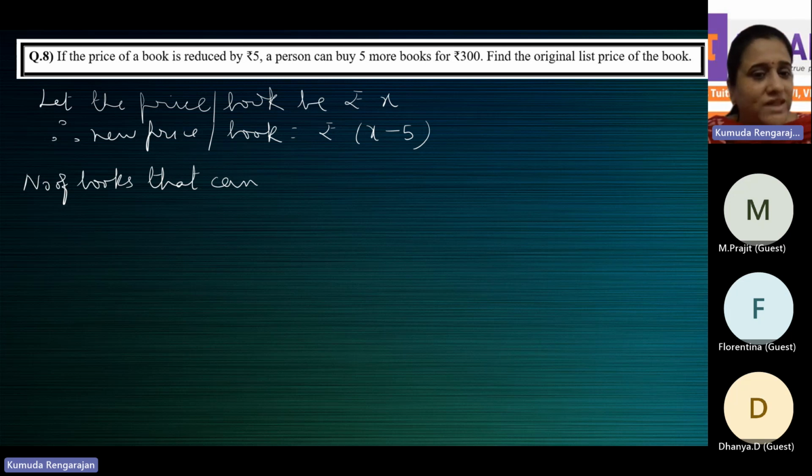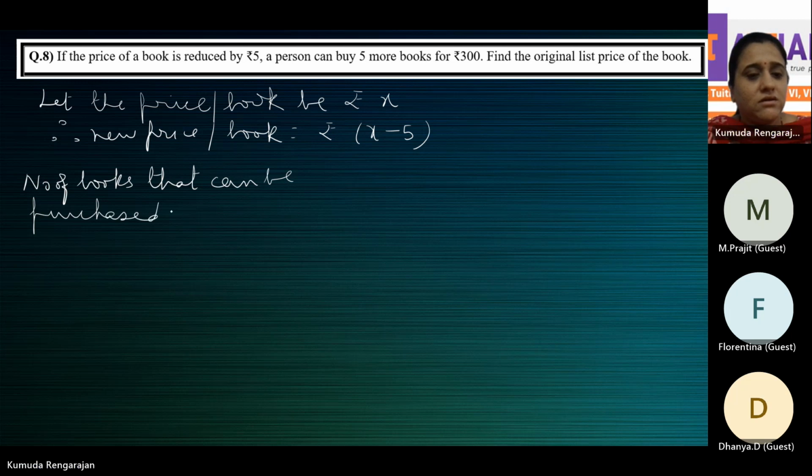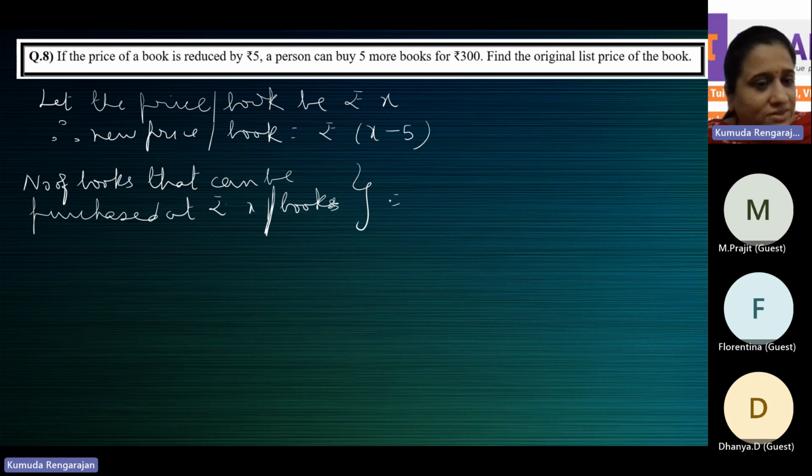So number of books that can be purchased at rupees X per book. How many books can you buy? Totally, you have 300 rupees and the price of one book is X rupees. So totally you can buy 300 by X books.